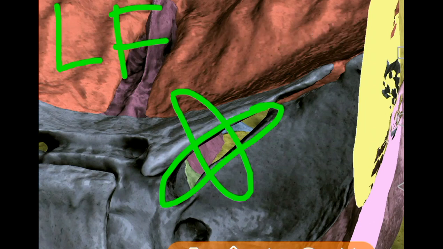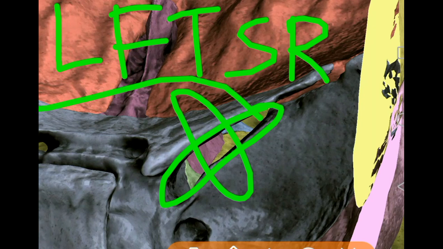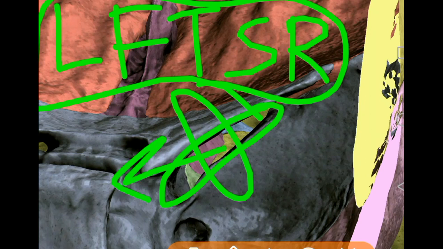The lateral part transmits the lacrimal nerve, frontal nerve and trochlear nerve, and the lacrimal branch here of the middle meningeal, and the superior ophthalmic vein, recurrent meningeal branch of the ophthalmic artery, you can see. And in the middle part you will see the abducent nerve, nasociliary and oculomotor will pass.